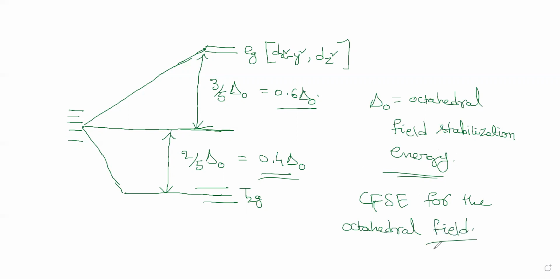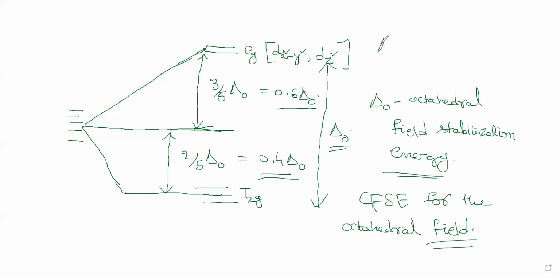For an octahedral field, how does it look? That is this entire thing. If you sum up, what is the total gap between eg and T2g orbitals? That is the total energy gap, delta naught. So it is called CFSE, crystal field stabilization energy for the octahedral field.